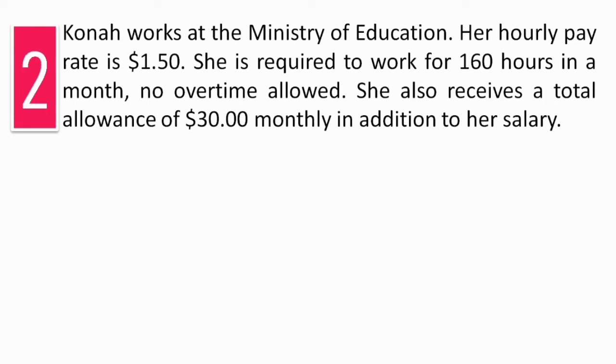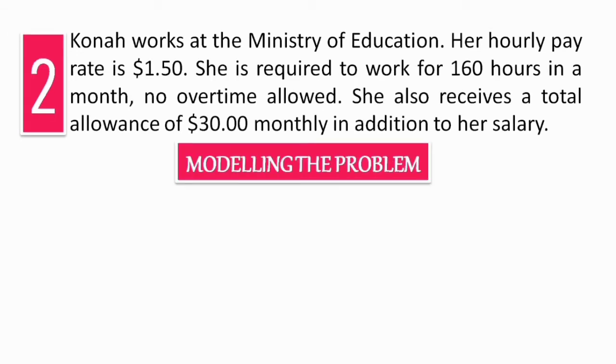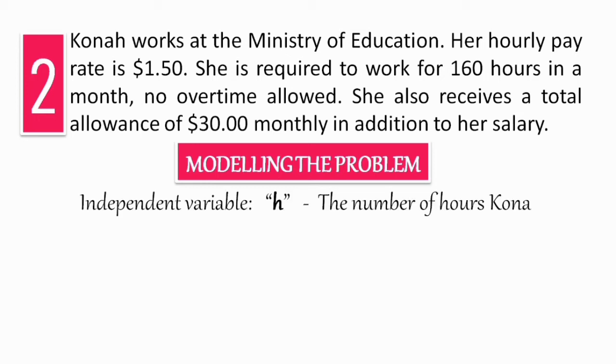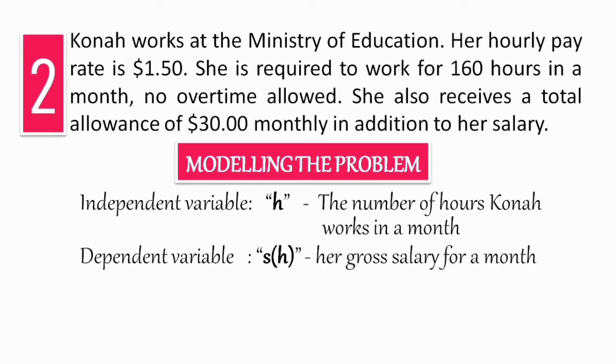So the number of hours represents the independent variable, and the salary she receives at the end of the month is the dependent variable. So in modeling this problem, we have the independent variable, which is H, the number of hours worked in a month, and the dependent variable is S of H, her gross salary at the end of the month.